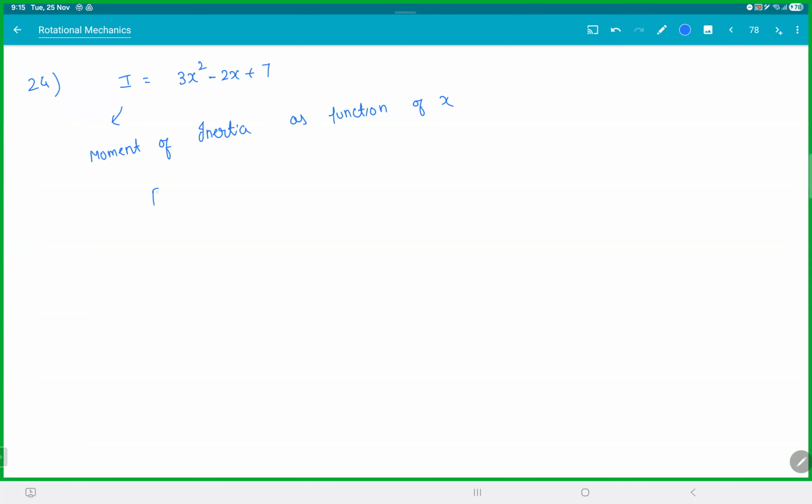Find I center of mass. This is a proper tricky question. Meaning, if you really don't understand it in the exam, you will feel like, what the hell? It doesn't matter. X is whatever it is, Srihari.